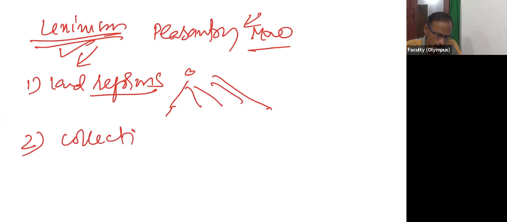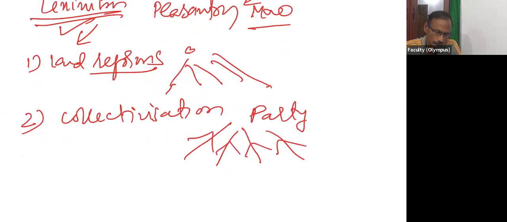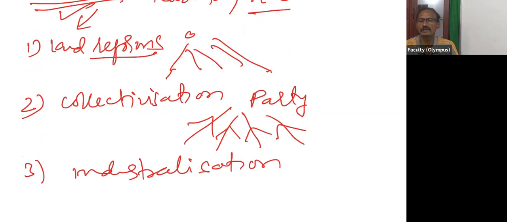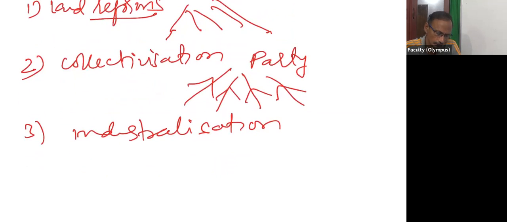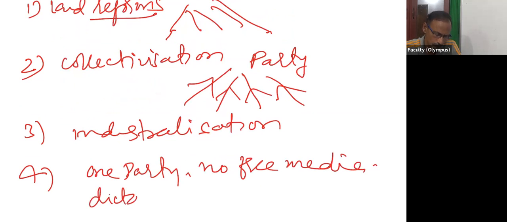And next, collectivization: peasants' land being taken away and given to the party. And then industrialization, fast industrialization. And then one party, no free media, dictatorship, party dictatorship.